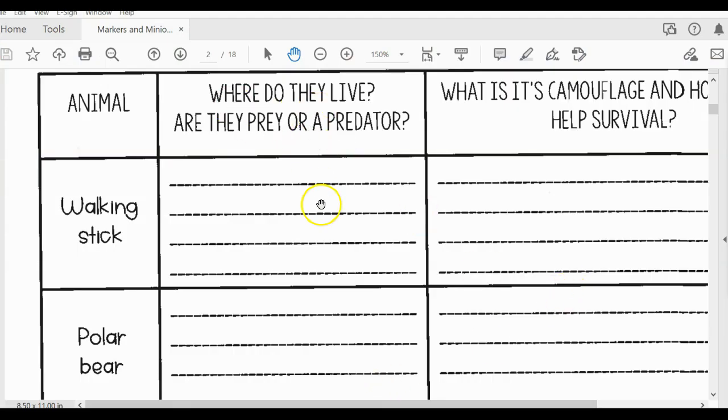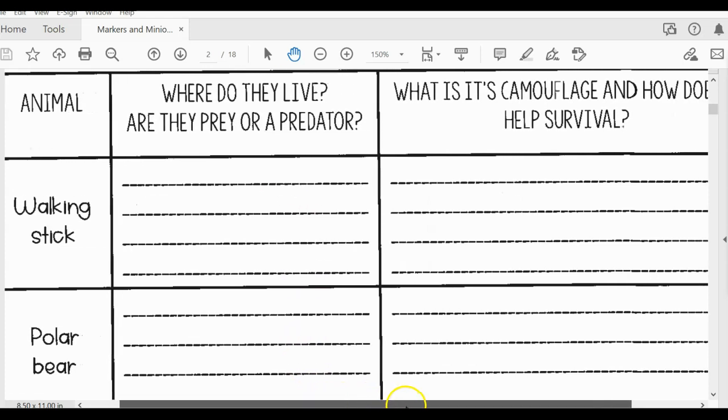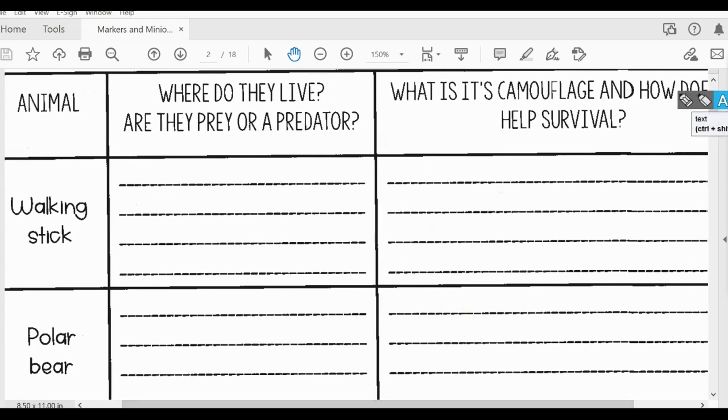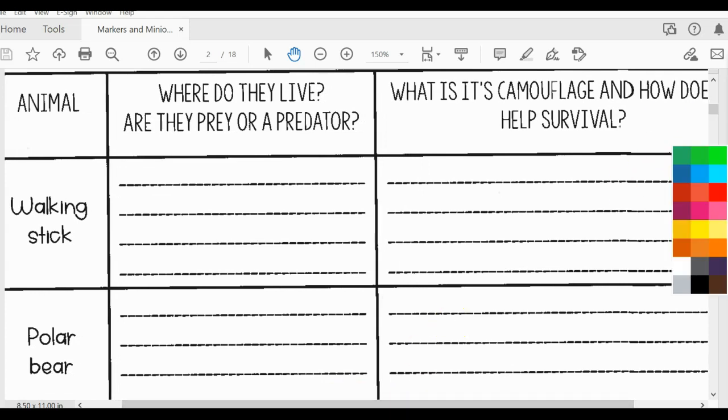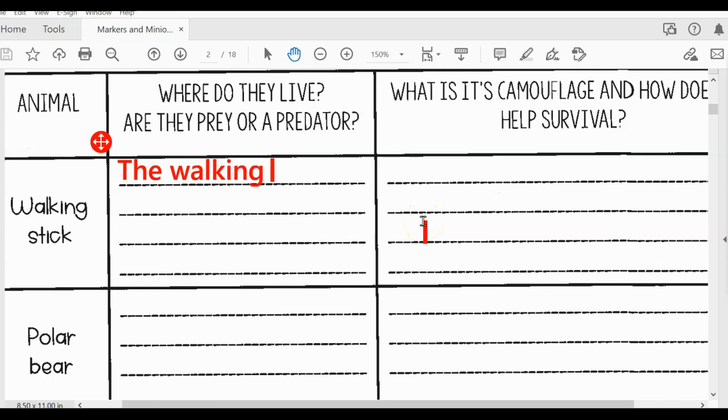It says, where do they live? So look at the walking stick, the first one. Where does he live? Yeah, he lives in the desert. So I'm going to say the walking stick lives in the desert.